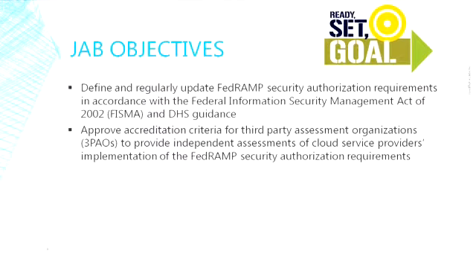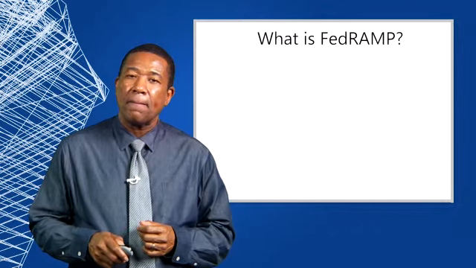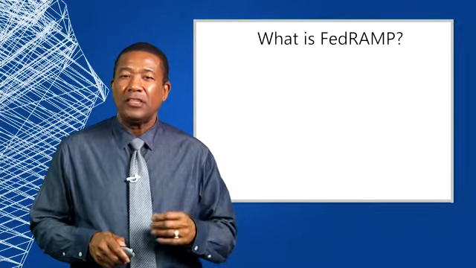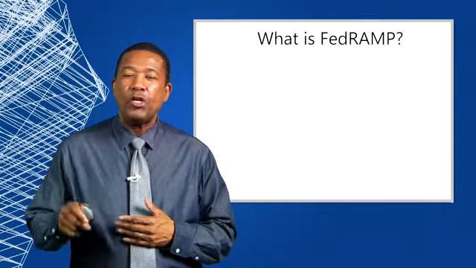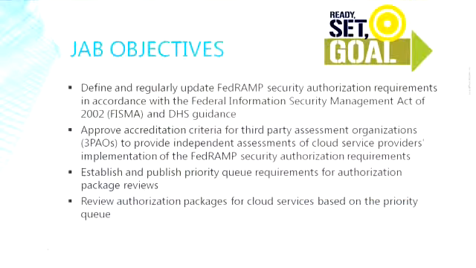The JAB also approves accreditation criteria for third-party assessment organizations, also known as 3PAOs. 3PAOs provide independent assessments of cloud service providers' implementation of the FedRAMP security authorization requirements. The JAB establishes and publishes priority queue requirements for authorization package reviews and reviews authorization packages for cloud services based on the queue.